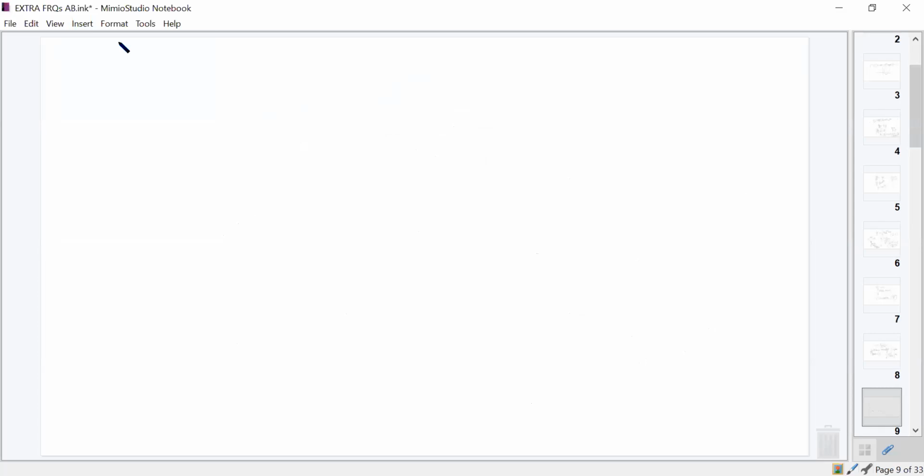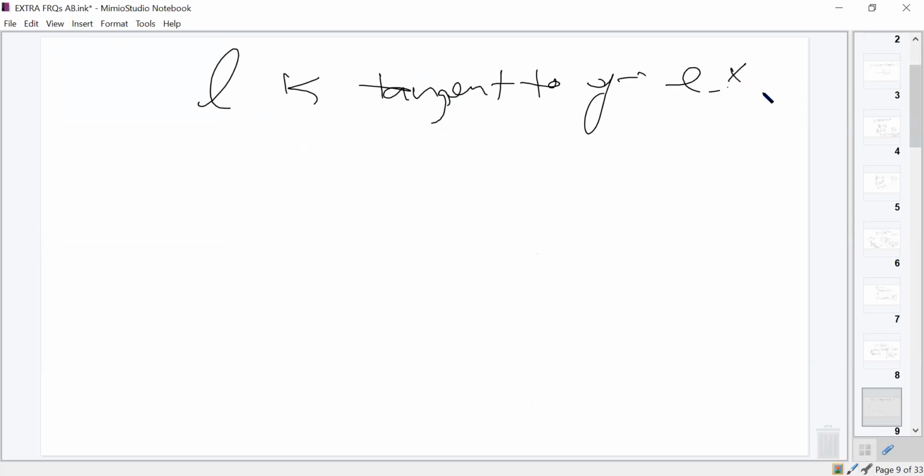It says L is tangent to y equals e to the x. Handwriting is especially bad. And we want the y-intercept of L to be a half.